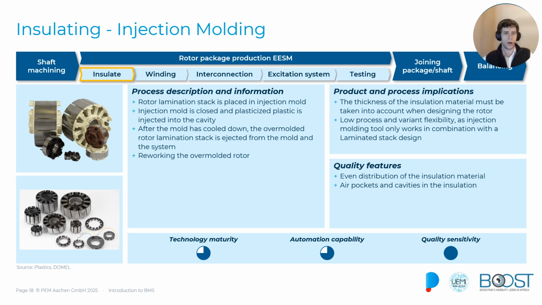Insulation materials, often plastics, are heated until they become liquid and then injected into the mold, covering the rotor components or filling spaces between them. Once cooled and solidified, this creates a protection layer that insulates against electrical currents, but we have to keep in mind that this only works in combination with a fixed rotor design and offers limited variant flexibility.